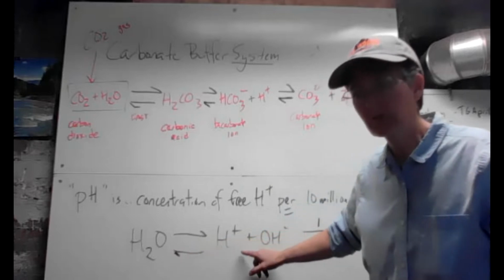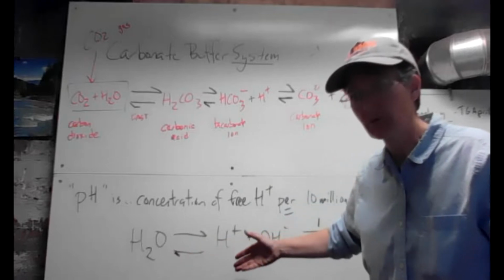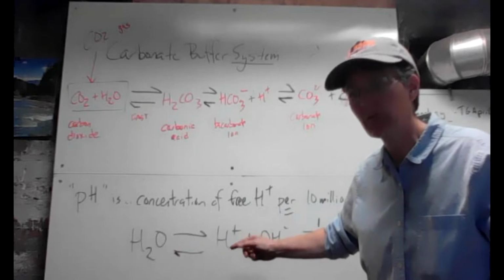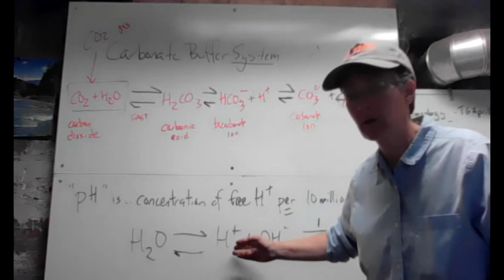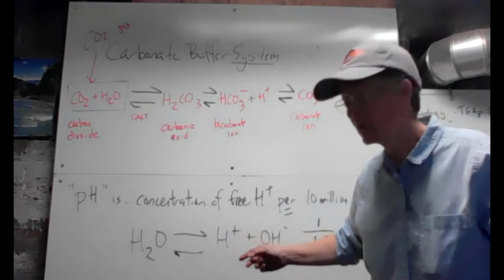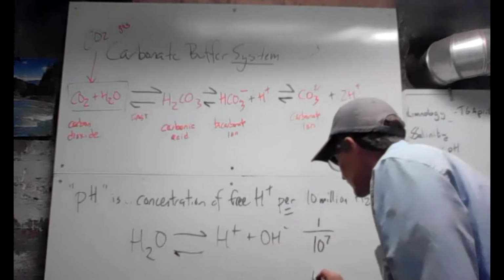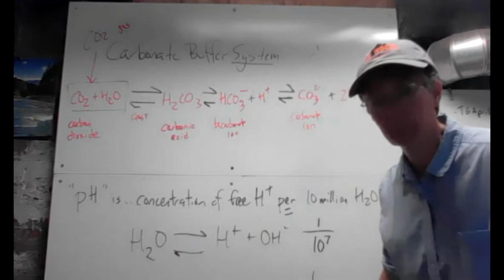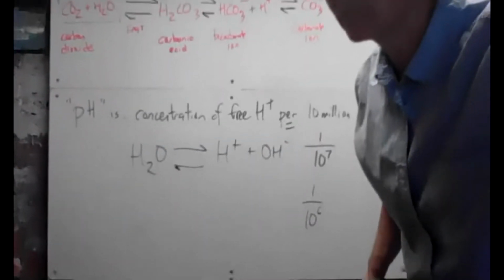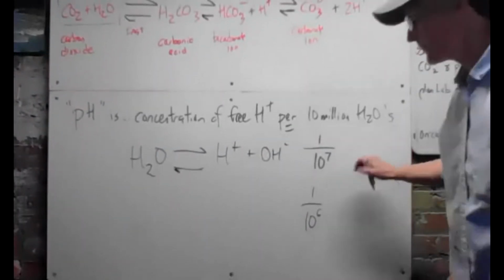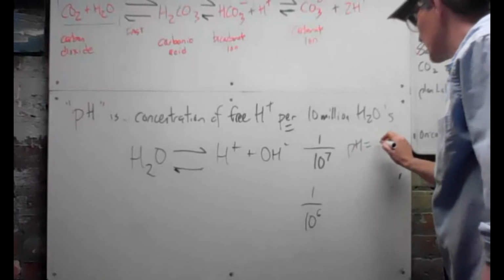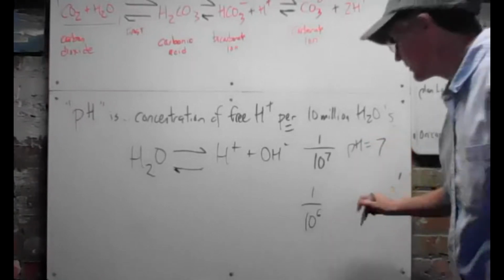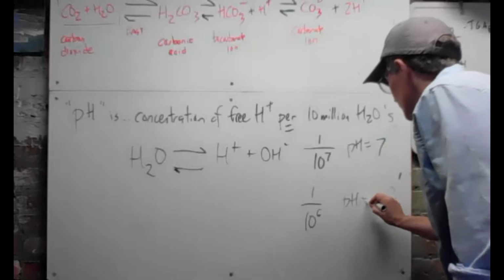If you increase the concentration tenfold, so instead of being 1 for 10 million, it would be 1 in every million, then that would be a concentration of 10 to the 6th. In other words, instead of pH 7, pH 6.